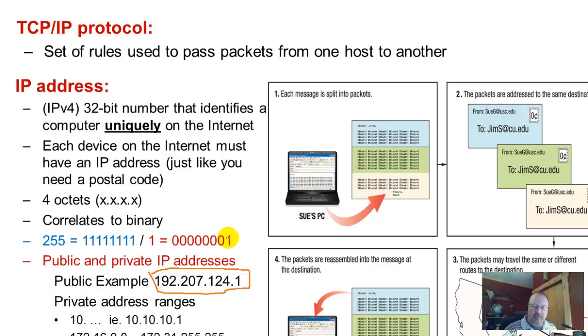This is based upon binary. And so a binary 1 equals a decimal 1. This is a binary number. This is a decimal number. A binary 1111 equals a decimal 255.